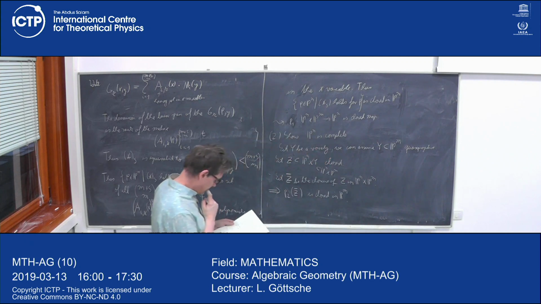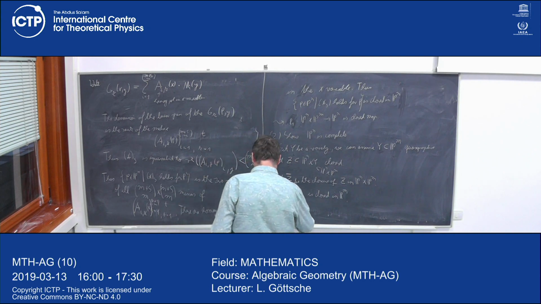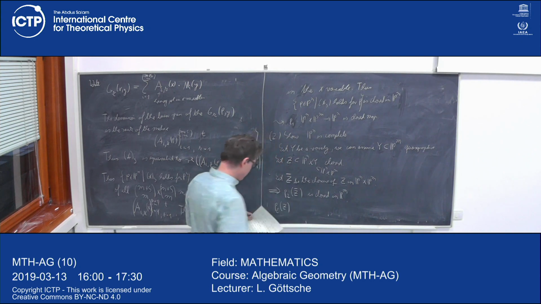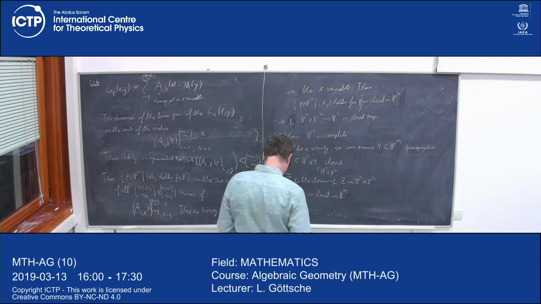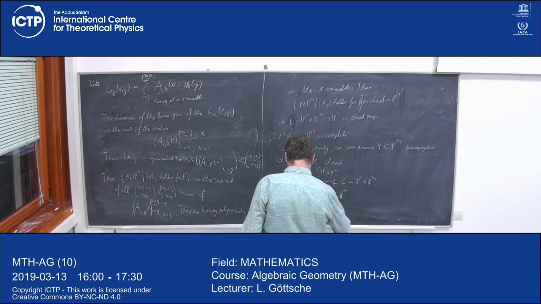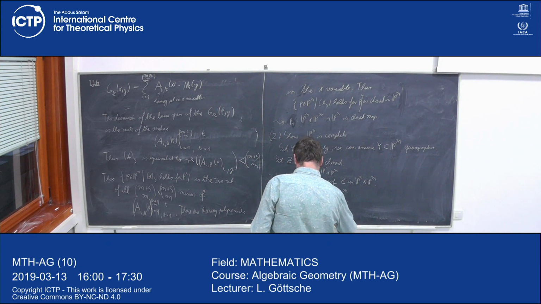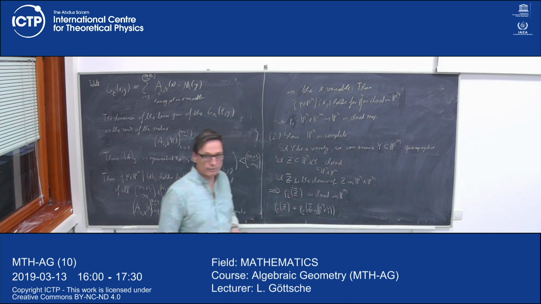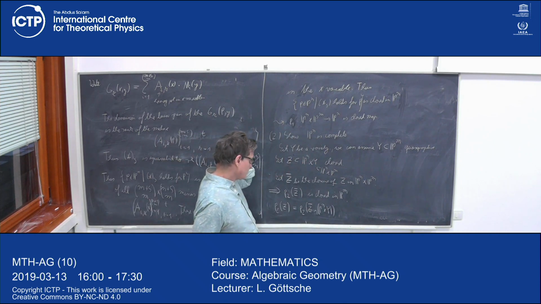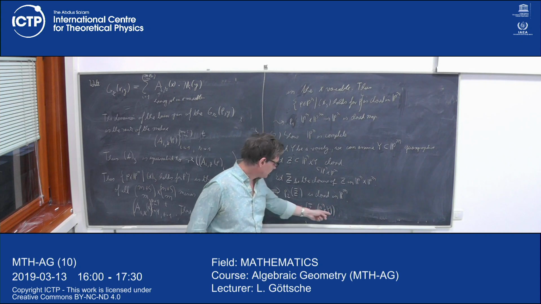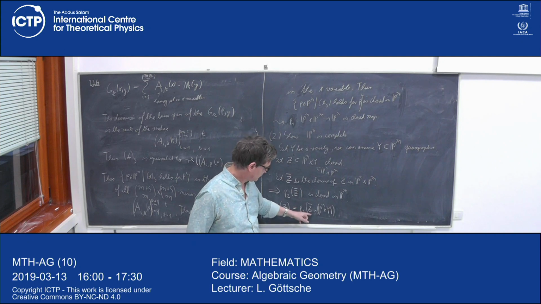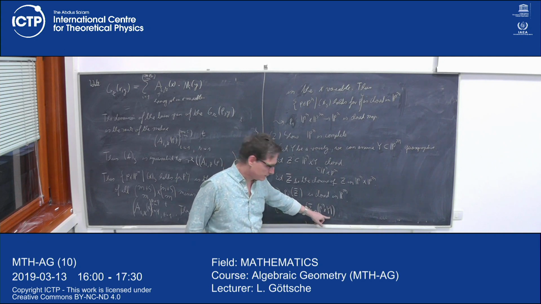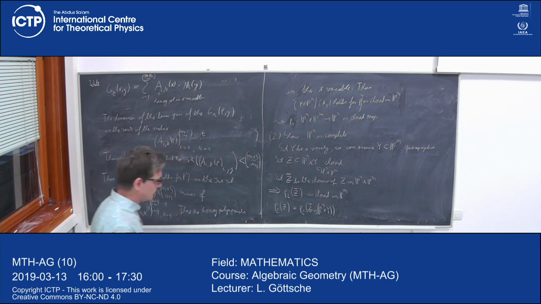So how is this related to our original problem? If we take the second projection of Z, we want to relate it to this. Well, this is the same as taking the second projection of this Z bar and intersecting it with Pn times Y, because a closed subset of Y is the intersection of it with its closure in the ambient space. So that's how it has the subspace topology after all.